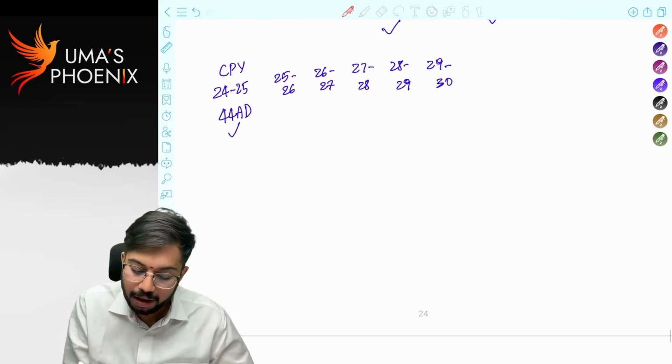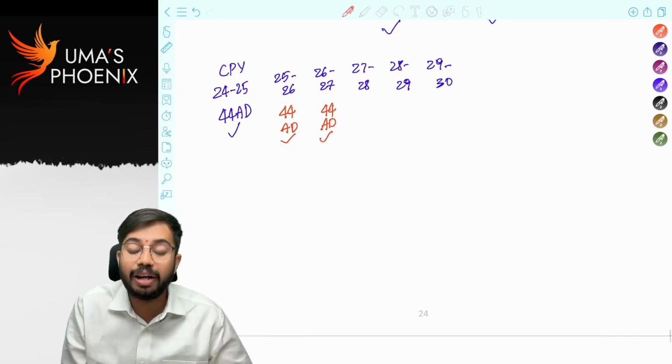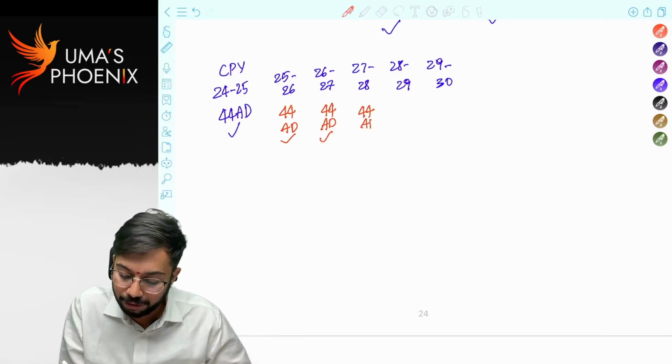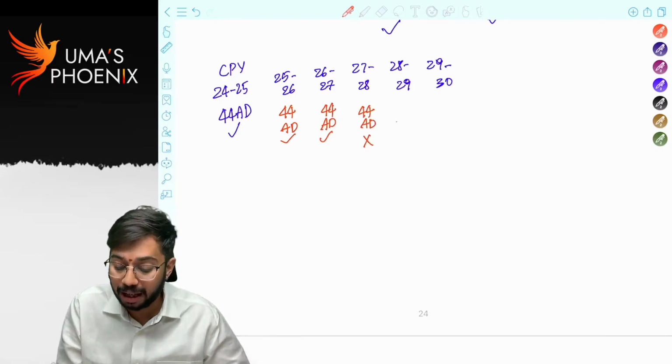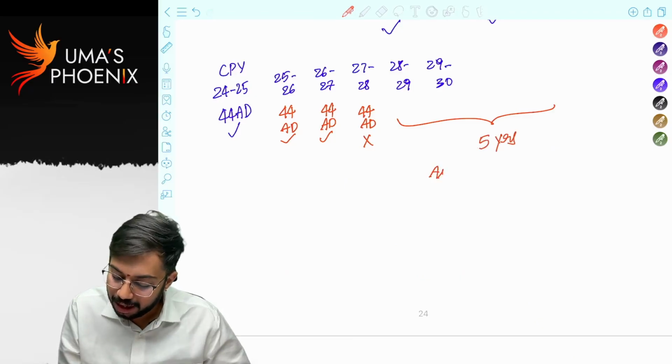For example, in 25-26, 44AD chosen. 26-27, 44AD chosen. 27-28, he got losses. So he did not choose 44AD. So from next year onwards, for the next 5 years, the assessee cannot choose 44AD.